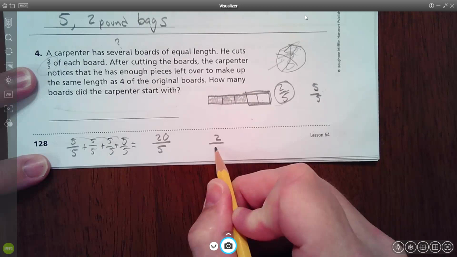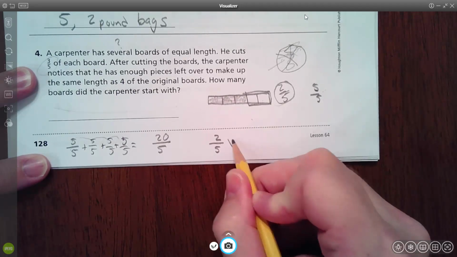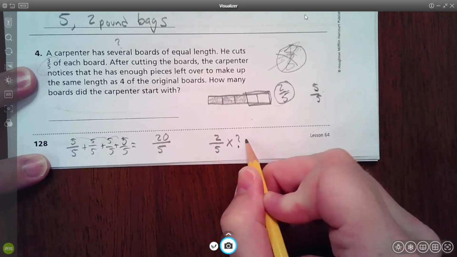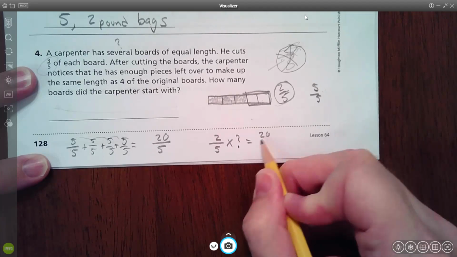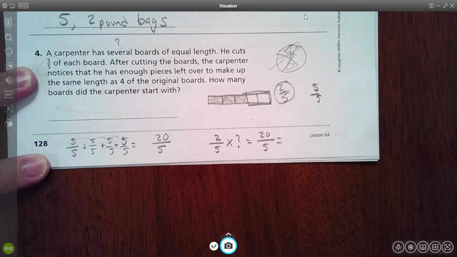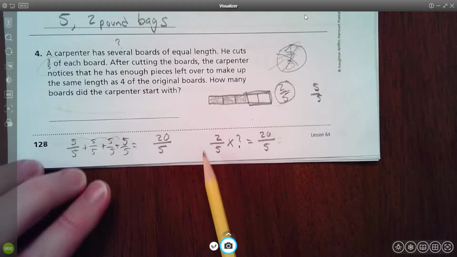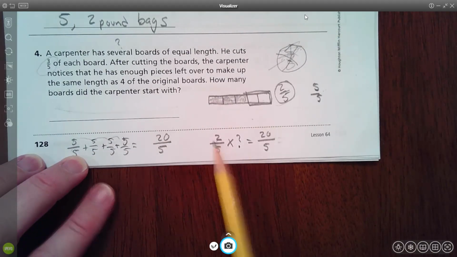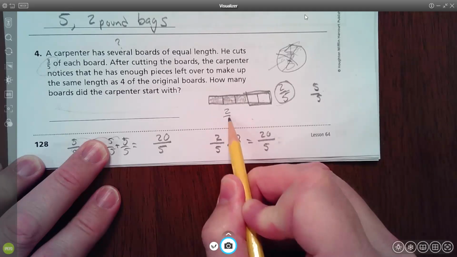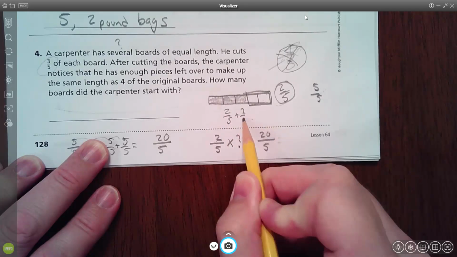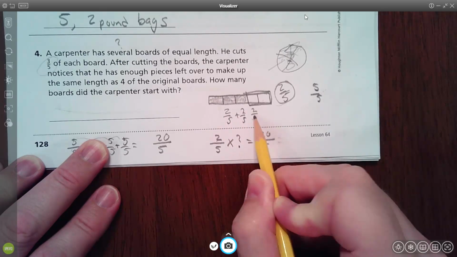It's going to be 2/5 times mystery number equals 20/5. My guess is that some of you are keen enough to figure out 2/5 plus 2/5 plus 2/5, right?